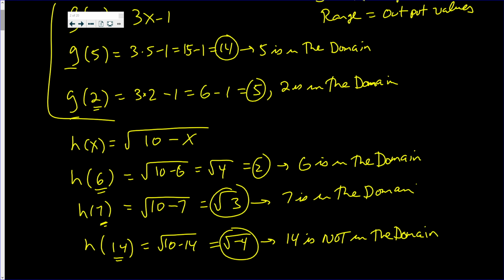The domain is the set of x values that I can put in and get back an intelligent outcome. For the record, the intelligent numbers that we get back, 2 and square root of 3, they're in the range.